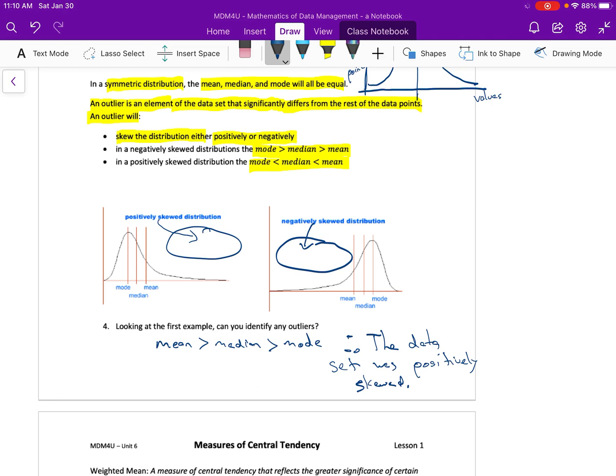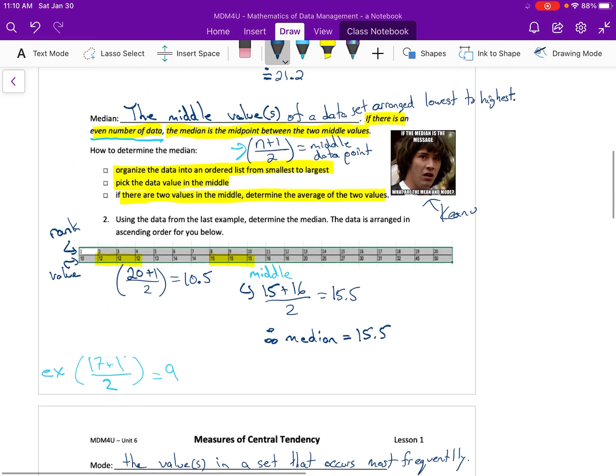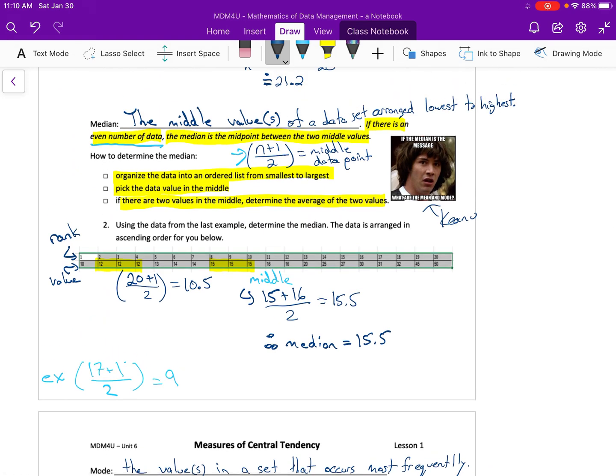Can you identify any outliers? Well, it's hard when you don't have it graphically, but if you look at the table, we're going from 10 all the way to 50. We're going to do a better job of this next class, but if you go along, we've got 10, 12, lots of 12s, 15, 20, 30, and then all of a sudden we do a jump up to 45 and 50.